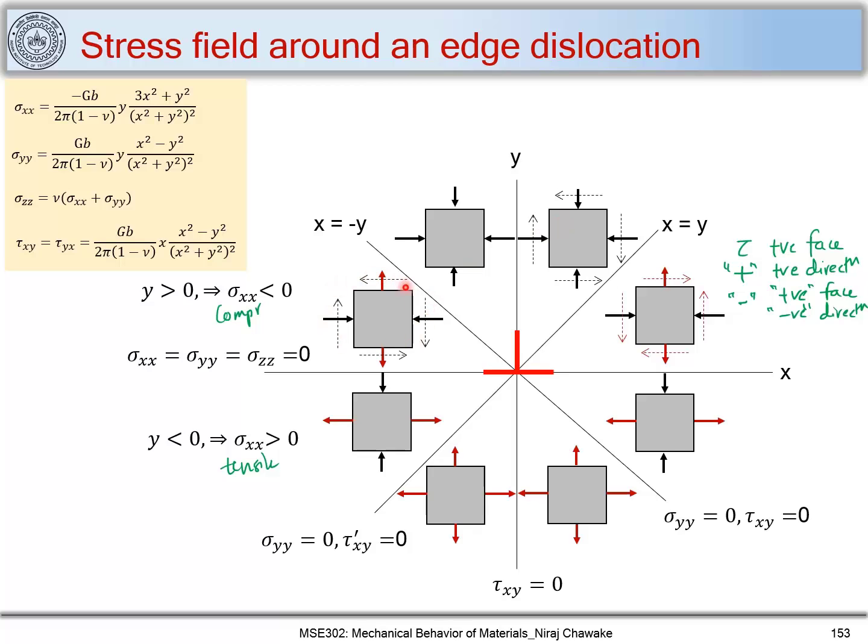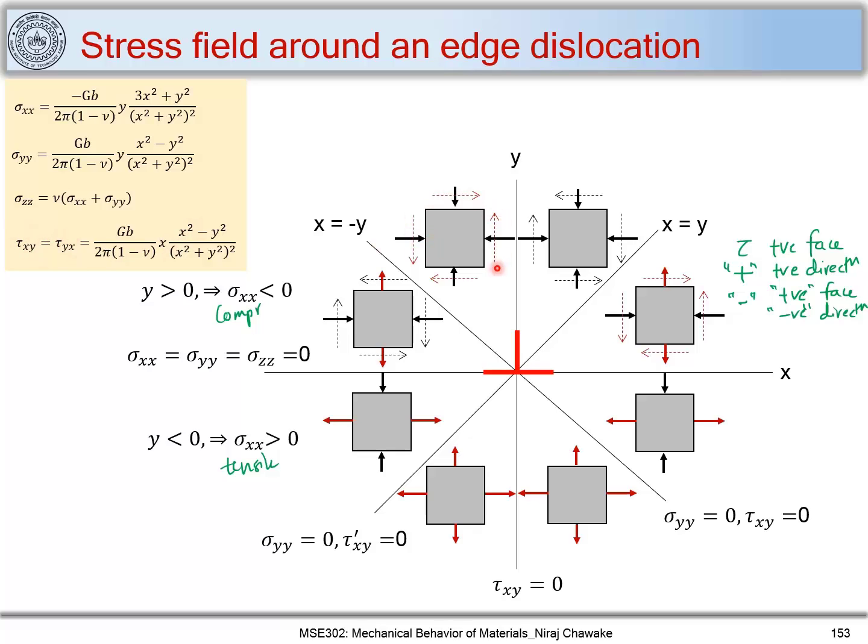Now let's look at this location where you have x to be greater than y but x is in a negative direction. So this shear stress will be negative here. So we have marked these shear stresses on this element. And if you look at this position where x is negative but y is greater than x, this becomes negative and negative and it becomes a positive shear stress.